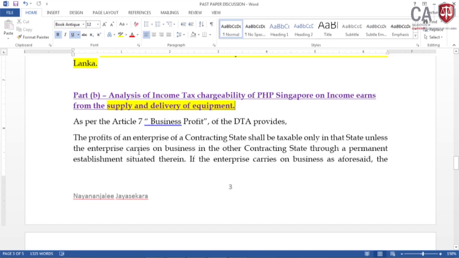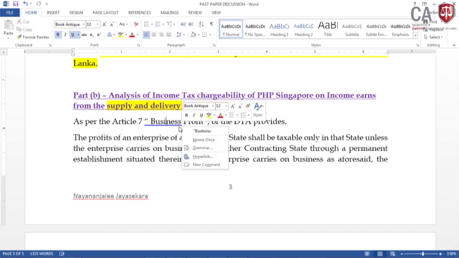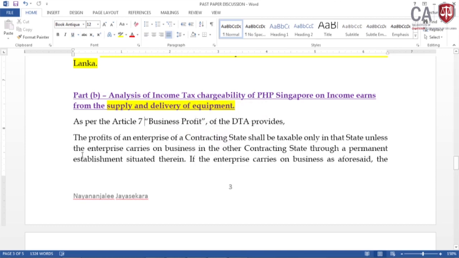As per Article 7, business profits of the DTA, it provides that the profits of an enterprise of a contracting state shall be taxable only in that state unless the enterprise carries on business in the other contracting state through a PE situated therein.